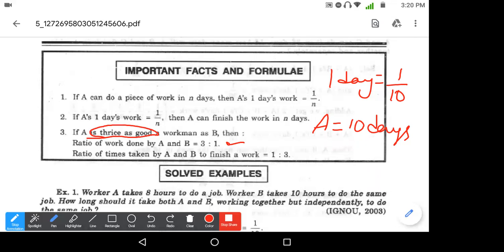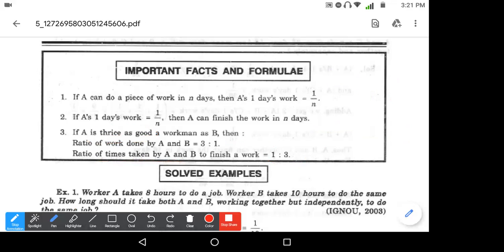Then the ratio of times taken by A and B to finish the work is 1:3. So if they are talking about thrice and twice and all, you can take the ratio there and you can solve the problems.